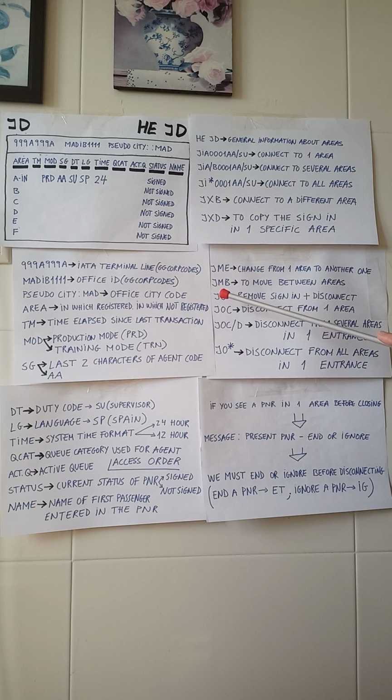JO, this one, is used to remove the sign in and to disconnect. JOC, this one, serves to disconnect you from one area, which in this case is C.